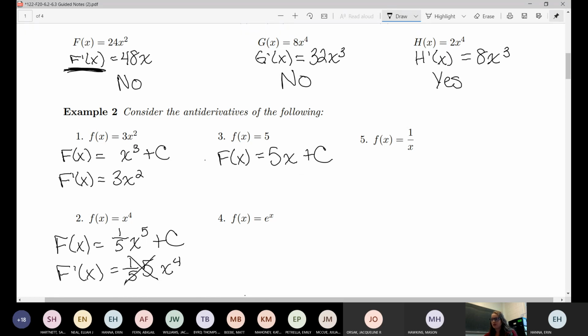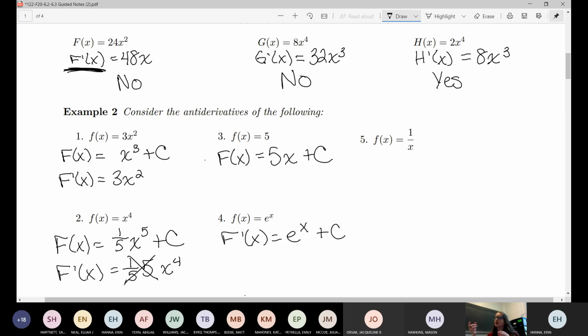What about if I start with e to the x? What's a function such that its derivative is e to the x? Well, since e to the x essentially stays itself when we take derivatives, it's also going to stay itself when we go backwards. So that's just going to be e to the x, but we always have a plus c.